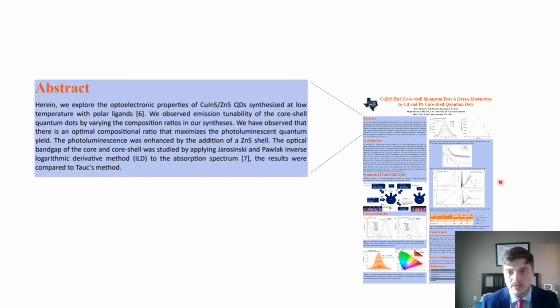And we will also be discussing our study on the absorption spectra data utilizing Stokes and Jolensky's method, and some early indications that we may have a type 2 particle after we add the shell. However, more studies need to be done to confirm that behavior.